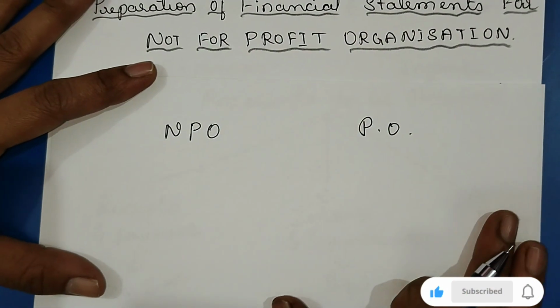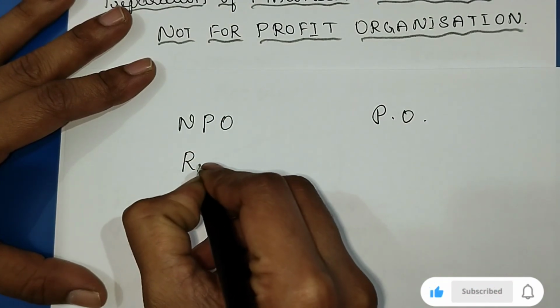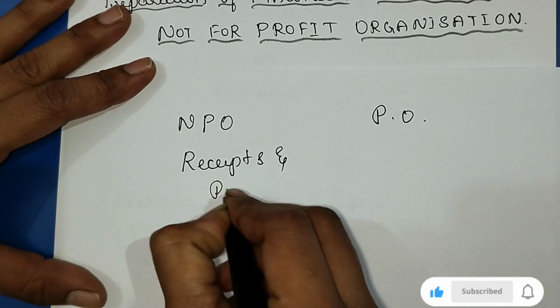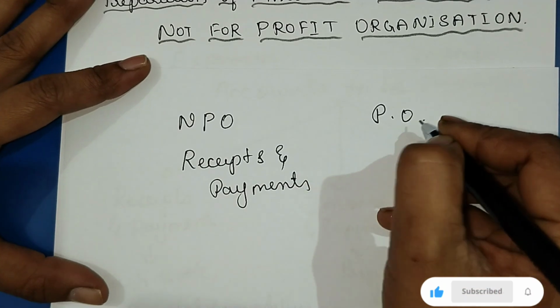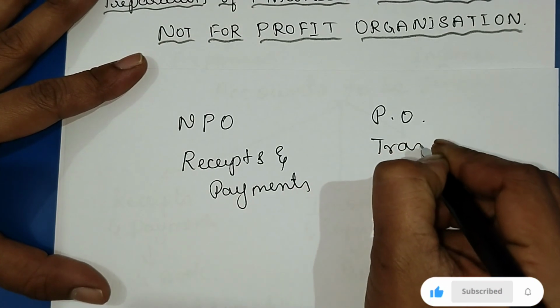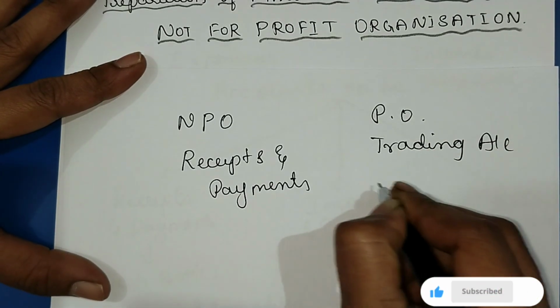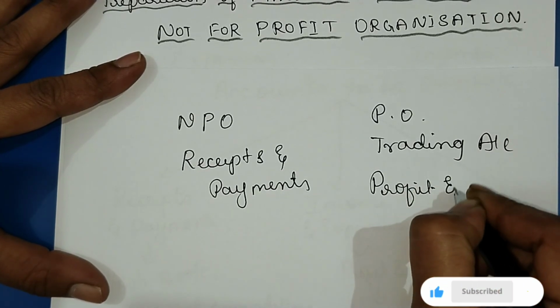profit-oriented organizations. Here, our account starts with receipts and payment account. And here, we will start our financial statement with trading account. Then we are preparing profit and loss account.